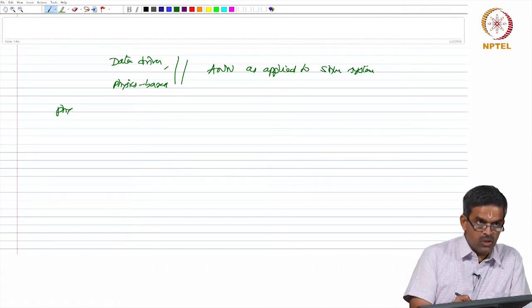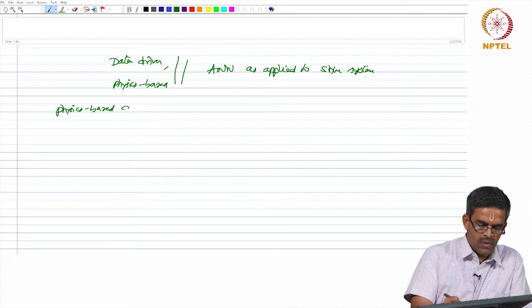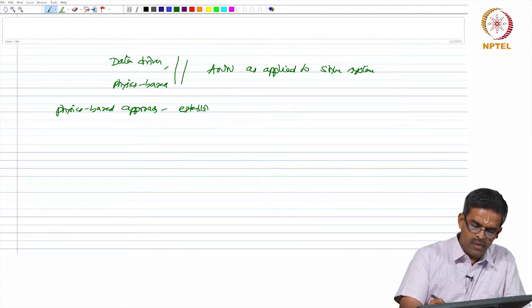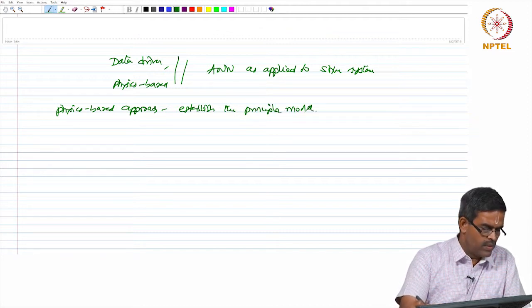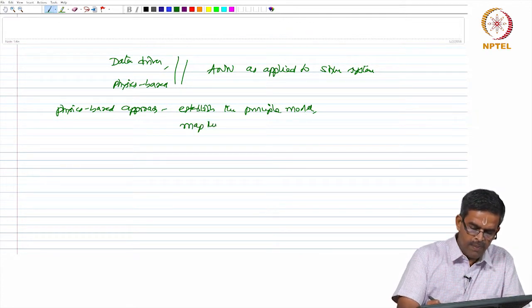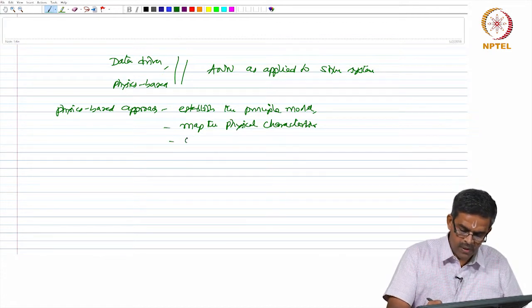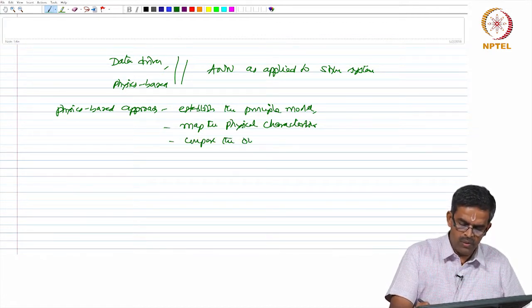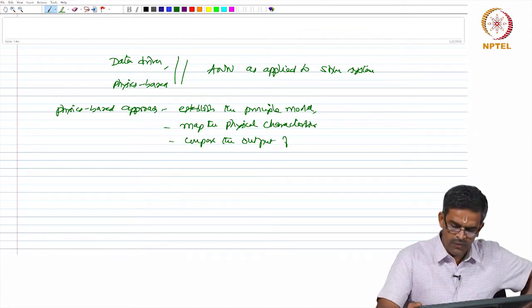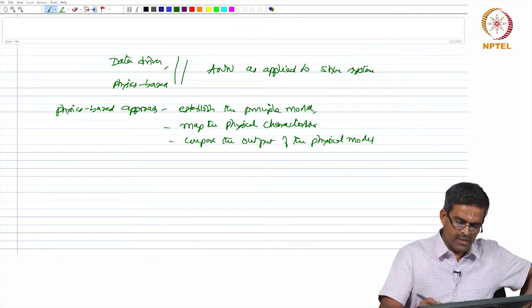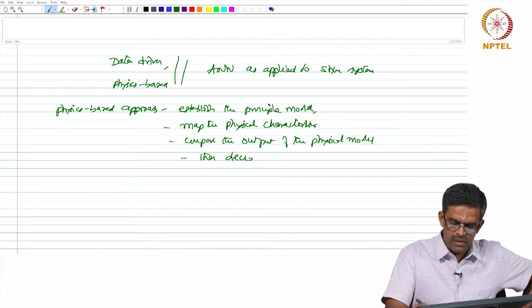The physics based approach establishes the principal models, then maps the physical characteristics, and then compares the output of the physical model with the physical characteristics and then decides damage.